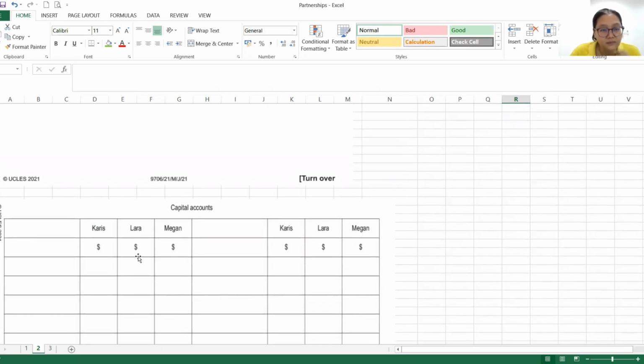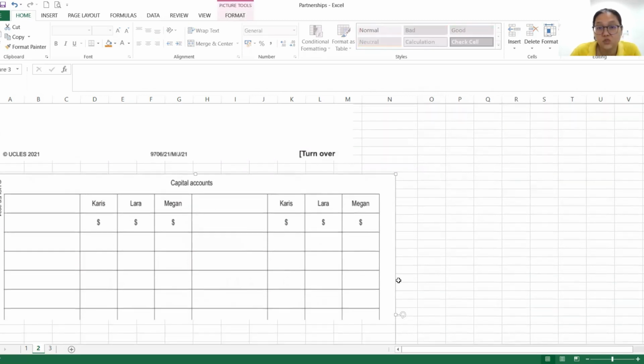Here they have given us a capital account, which they ask us to prepare.